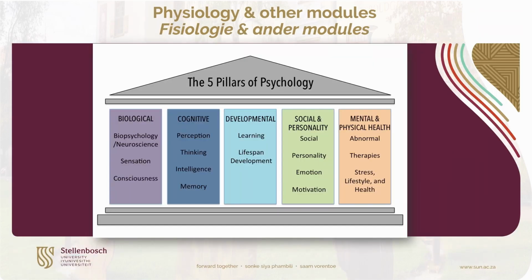Looking at the human as a unit, physiology also plays a role in other aspects of their study, especially in the focal area of biology with psychology. The 5 pillars of psychology include biological, cognitive, developmental, social and personality, and mental and physical health.